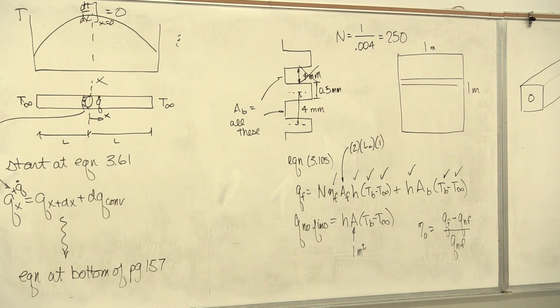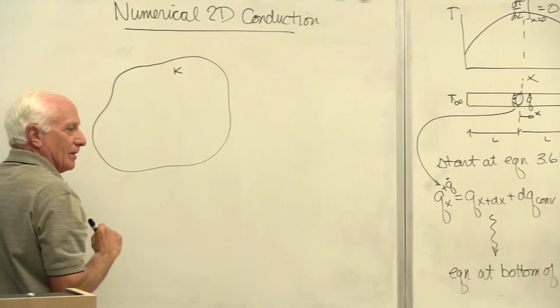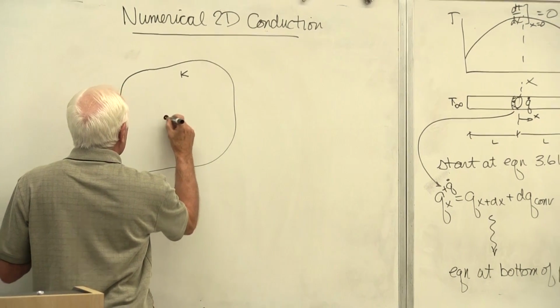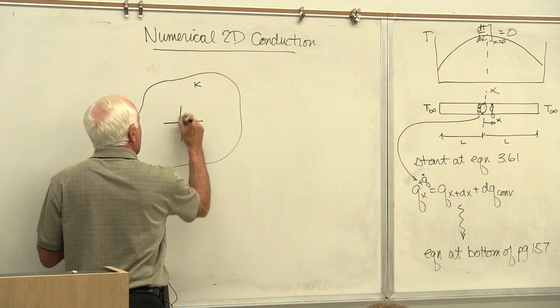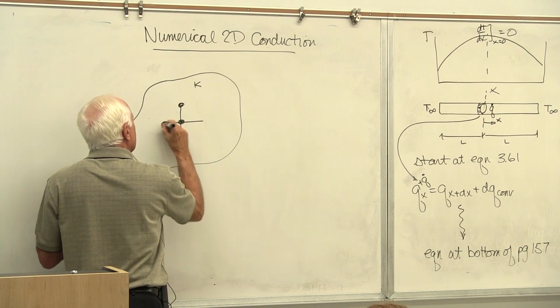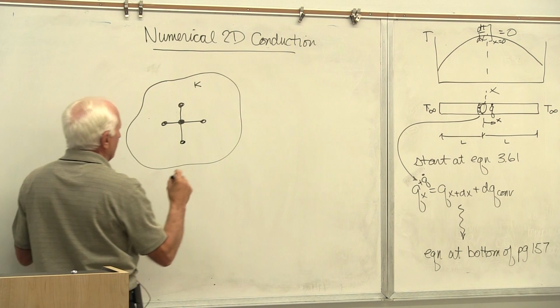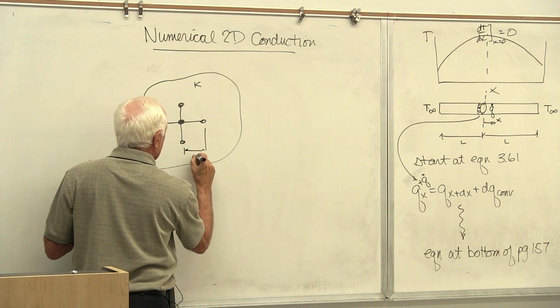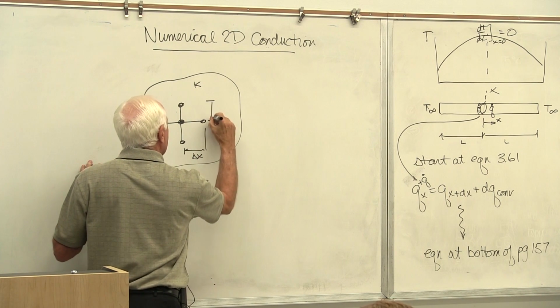We have some homogeneous body, thermal conductivity K. We're going to model that for numerical analysis by a grid, breaking it into nodes. These nodes are spaced apart by a distance delta x and a distance delta y.